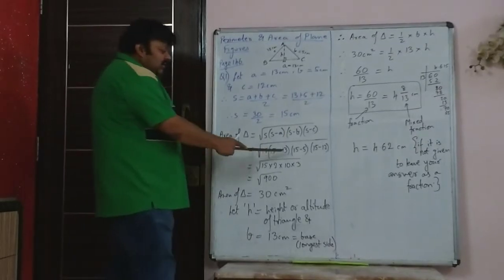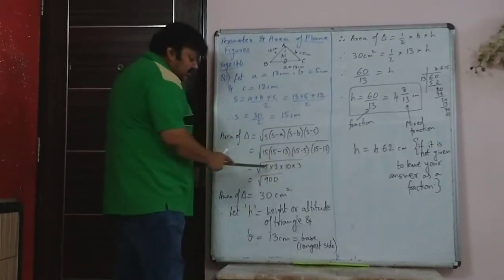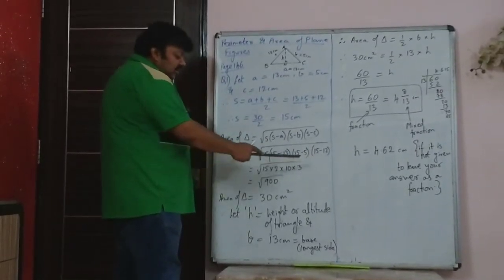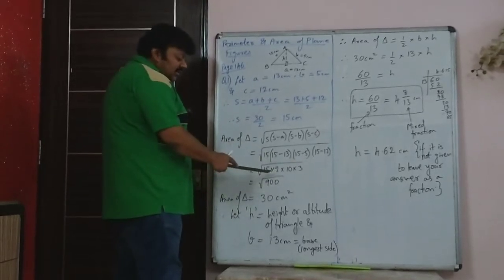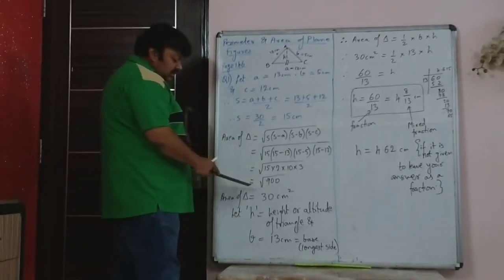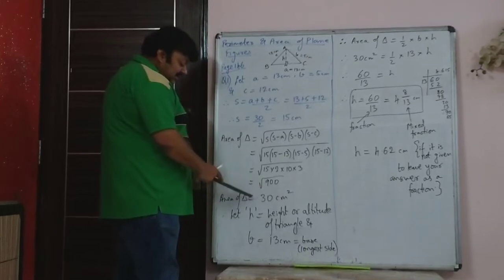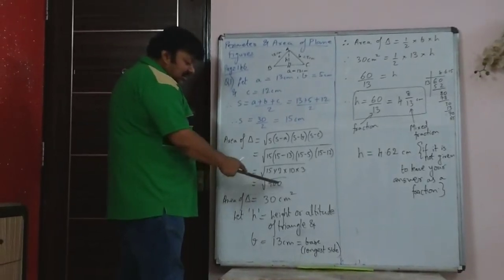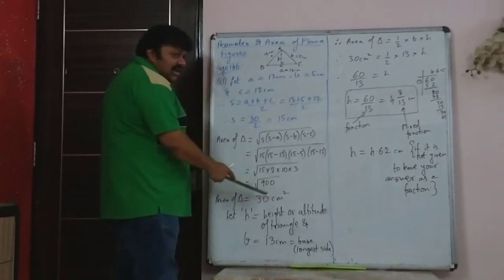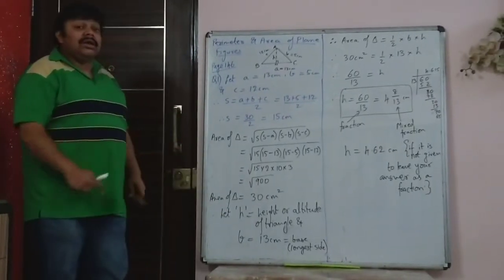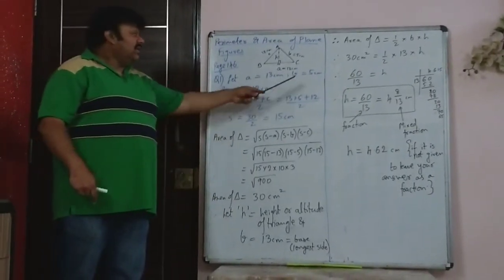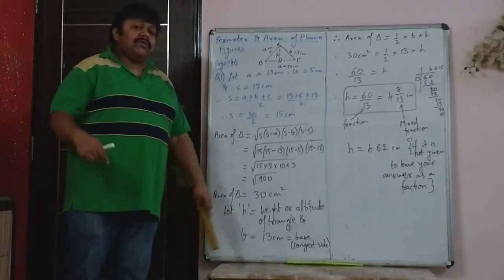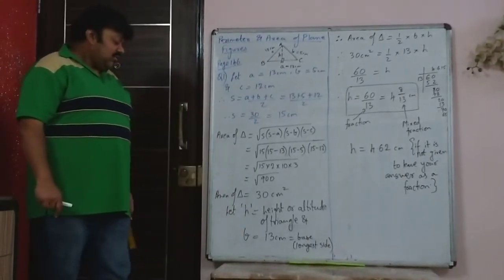So 15 into 2 into 10 into 3, that is root of 900. So you will get the area of the triangle as root of 900, that is 30, but all the sides are given in centimeter, so area will be 30 centimeters squared.